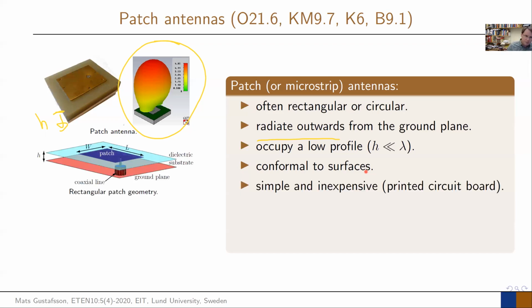It's extremely simple and inexpensive. And one reason for this is that the manufacturing of this can be done with technology which is very similar to printed circuit boards. So the typical way that you print electronics, in the same process you can print these patch antennas. Because when you print your electronics, in most cases you have this ground plane here.